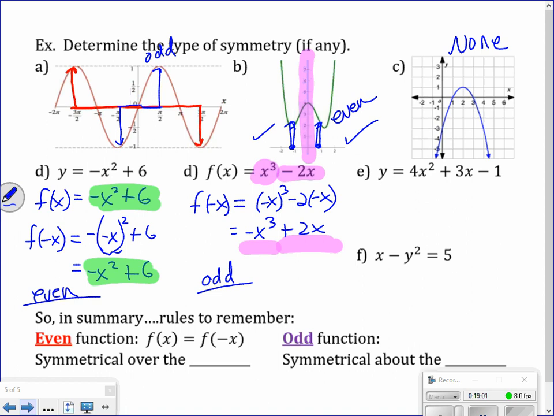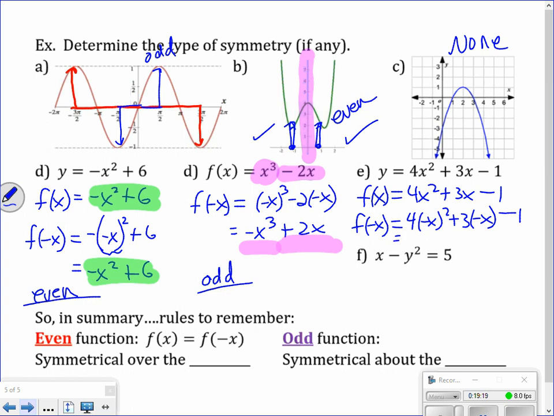All right, so let's try letter E. I'm going to rewrite this as f of x just to follow my rule. So 4x squared plus 3x minus 1. So f of negative x equals 4 negative x squared plus 3 with a negative x and then minus 1. When I work that out, I get 4x squared because the negative goes away, minus 3x and minus 1.